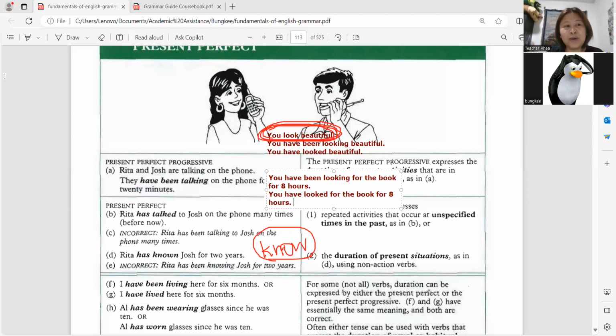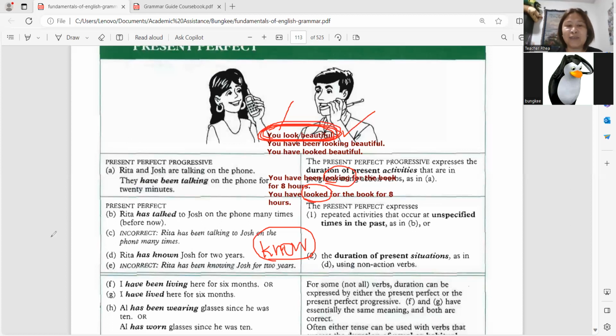So look in the first example, you look beautiful, and in the last two examples, they are different from our first example. Do you get it? I get it. Okay, yes.